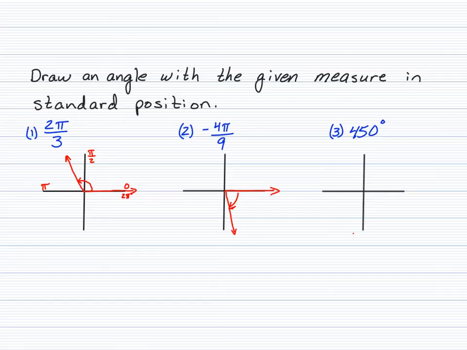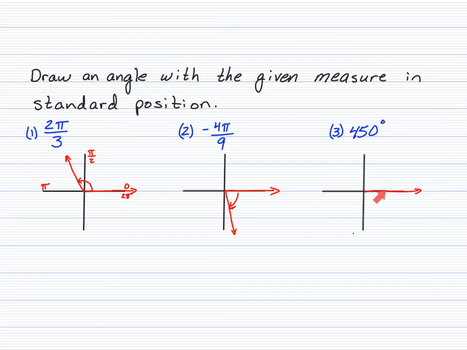All right, so then 450 degrees, we're going to once again start with our initial side. And 450 degrees tells us we're going to have to rotate more than one time around this circle. So going from here all the way around to here would be 360 degrees.